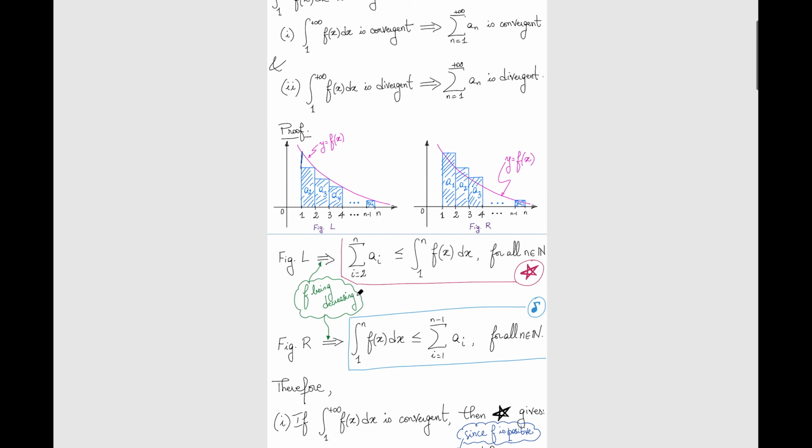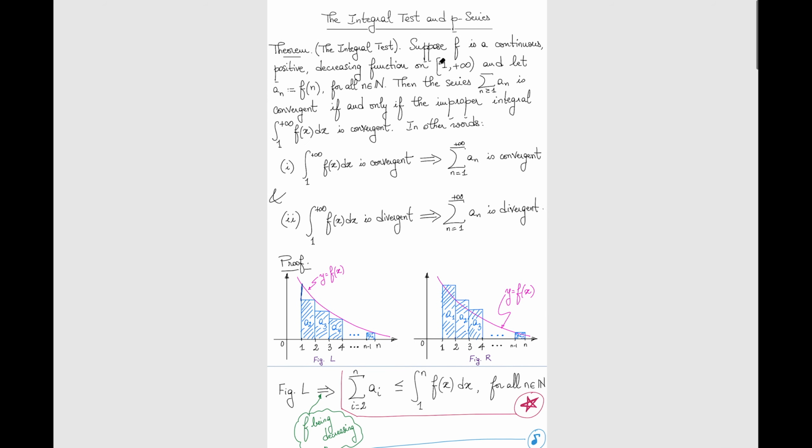Now we have the proof in front of us, so where was this one active in the proof? This one and this one and this one. It was active where we started graphing these blocks, right? So if instead of 1 you have 5, you have f being continuous, positive, decreasing on 5 to infinity, then you're going to start building these blocks from 5 onward, on the left picture and the right picture.